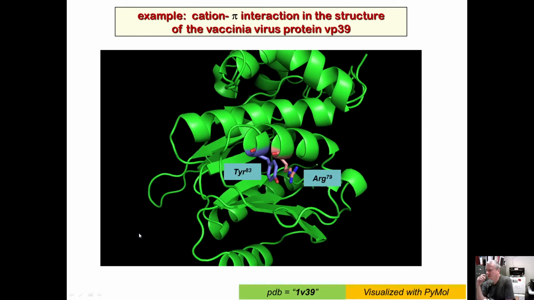Okay, so let's look at a couple of these interactions in just protein structure. They are found in various proteins, so it's kind of cool to see them. Its role in protein structure is to stabilize the structure, and maybe stabilize this alpha helix. So this is the cation pi interaction in Vaccinia virus protein VP39.